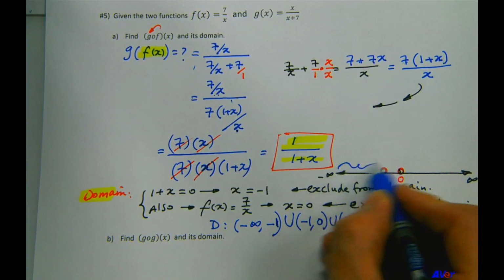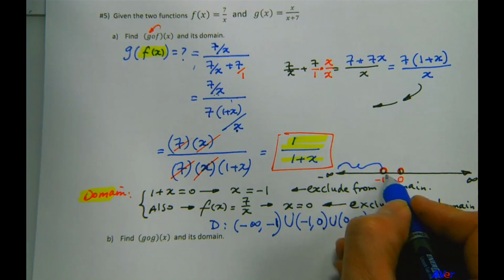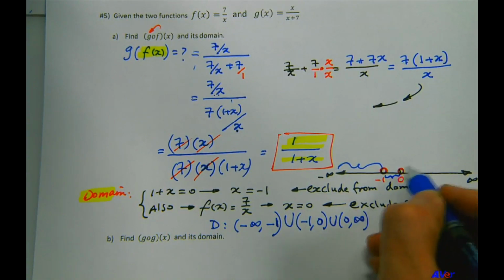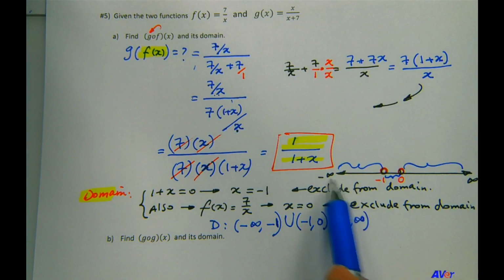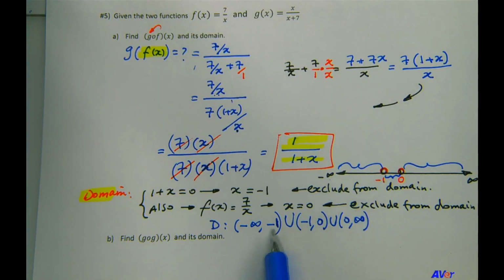We can include this piece, and that piece, which is these three pieces that you see. Negative infinity to negative 1 is that piece. Negative 1 to 0 is this piece. 0 to infinity is this piece. Okay? Do you see how this works? If not, let me know, please. Ask your questions.